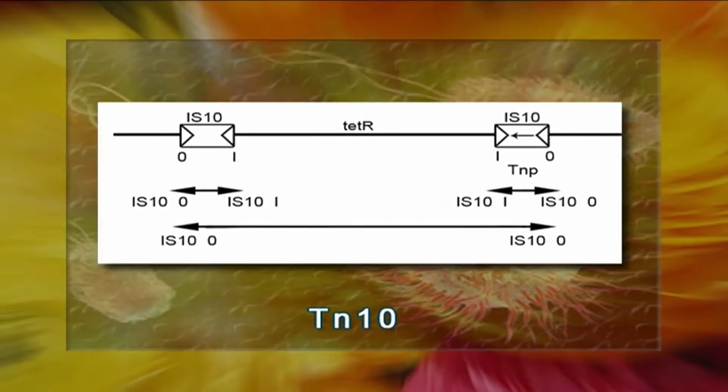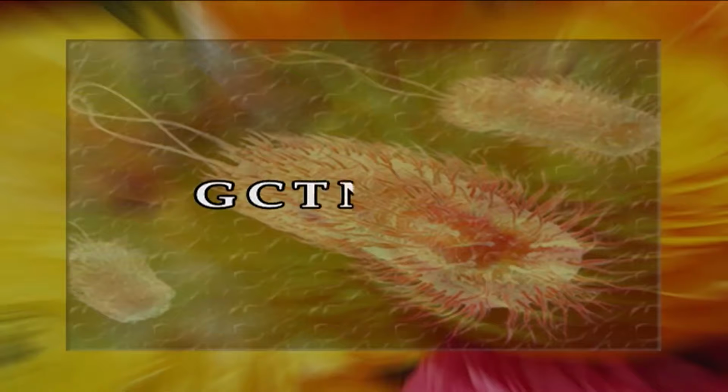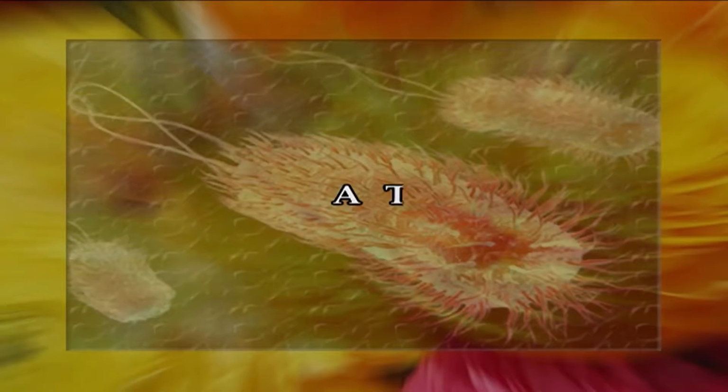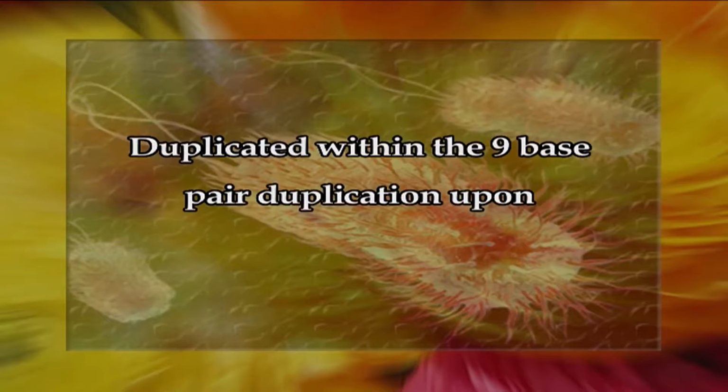The preferred sites for IS10 and Tn10 tend to have the sequence G, C, T, N, A, G, C. Admittedly not very adenine thymine rich, which is then duplicated within the 9 base pair duplication upon insertion.